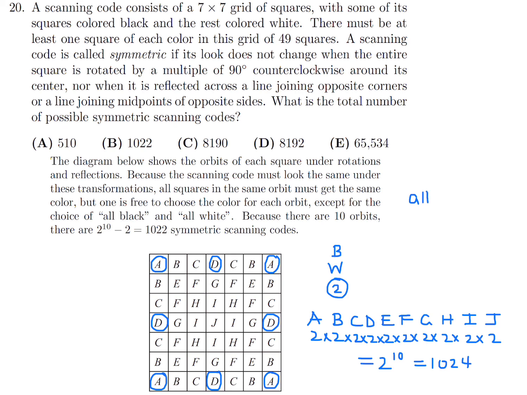One is where everything was chosen to be white, and the other is when everything was chosen to be black, because these two are not allowed, because the question actually tells you that there must be at least one square of each color in this grid of 49 squares. So you can't have all 49 white or all 49 black. So these two are not allowed. So from this 1024, you have to subtract 2, and when you do, you get 1022.